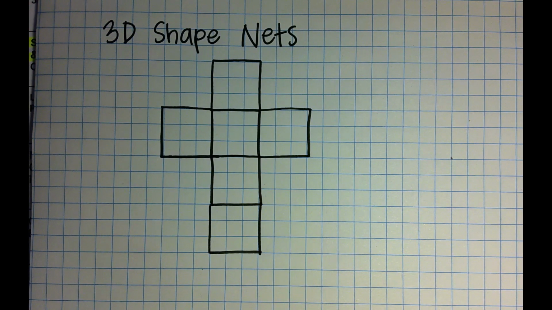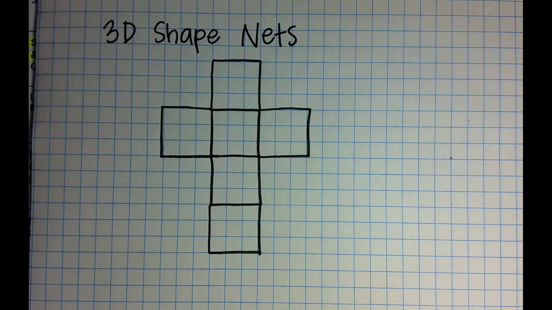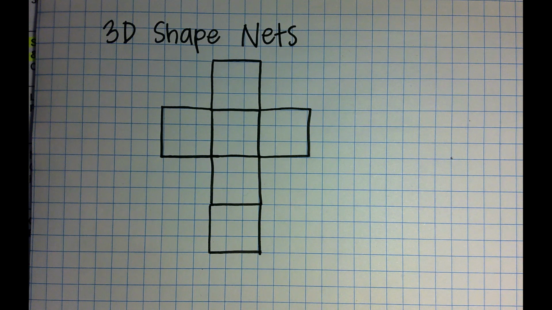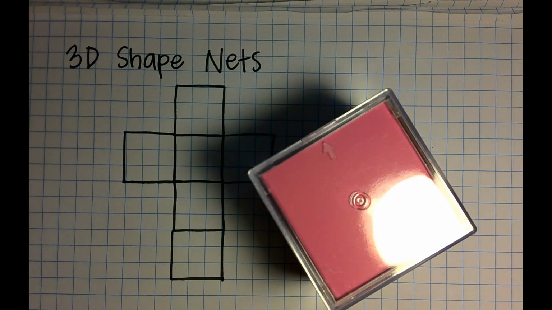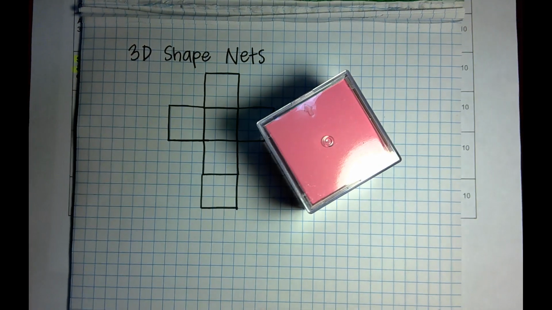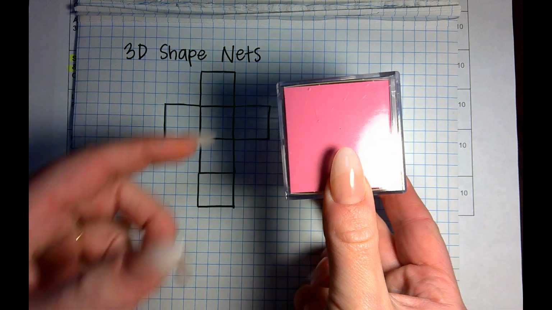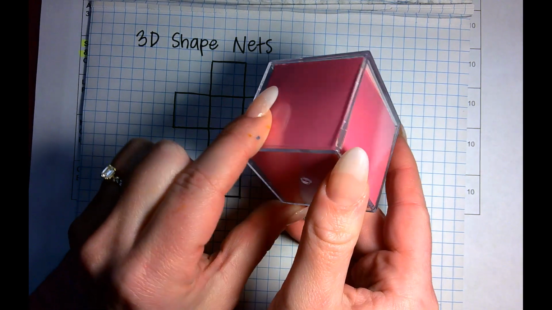Oh, and I have something that's going to be super helpful. I don't know why I'm drawing a picture when I could just show you these amazing, wonderful things. Let me show you my cube. This is a cube, my three-dimensional shape.